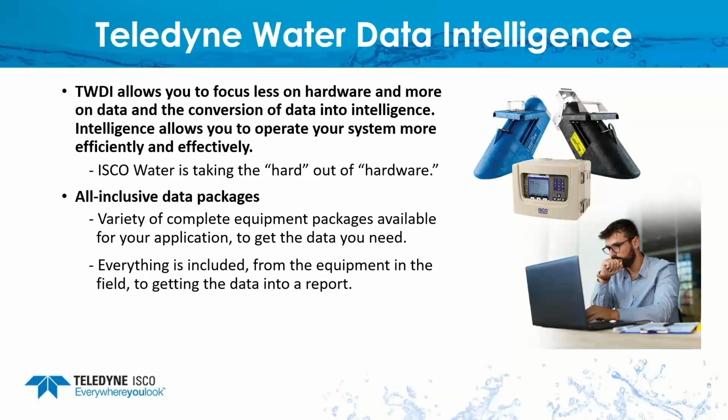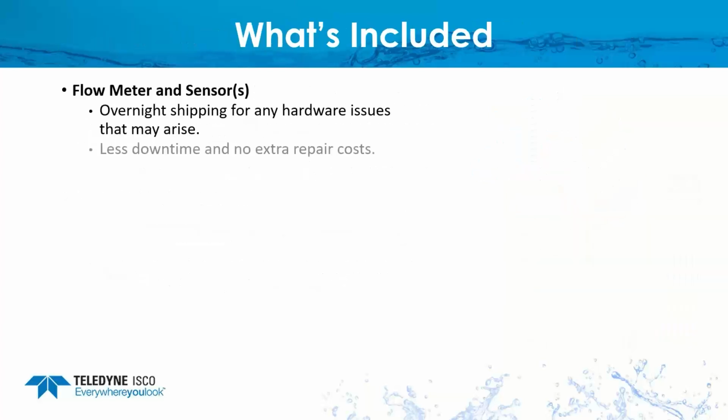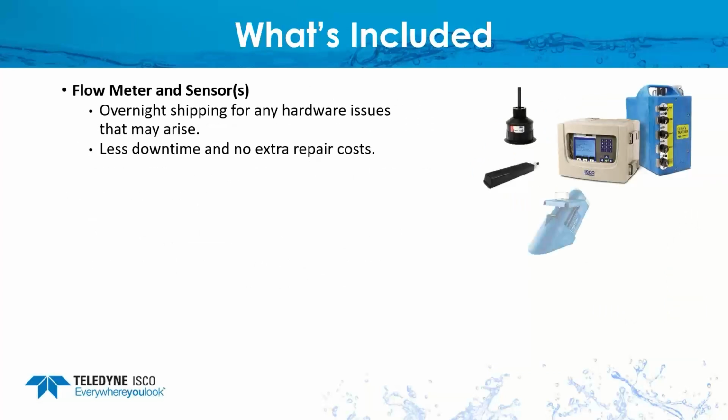While we do have a number of different packages, it is suited to what your needs are. Again, everything's included for the equipment in the field to work and, at the end of the day, to get your data into a report that you can then use. We have a number of different types of meters and sensors available. We allow for overnight shipping of this hardware if there are any issues in the field.